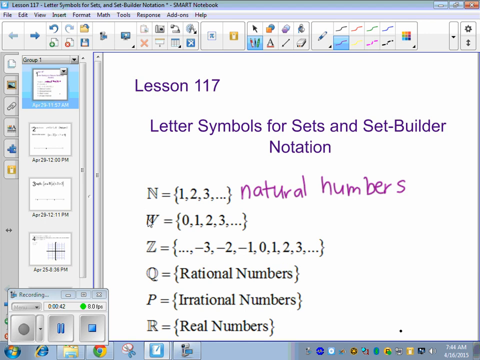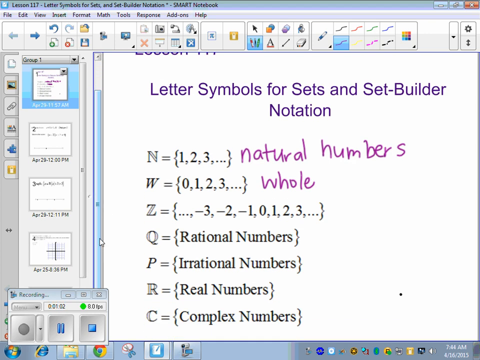And then we've got this W here. So W is always 0 and up, and we call these numbers whole numbers. So that's a set of whole numbers. And you want to memorize what the different sets are and the symbols. Z is a really common one that we're going to see.